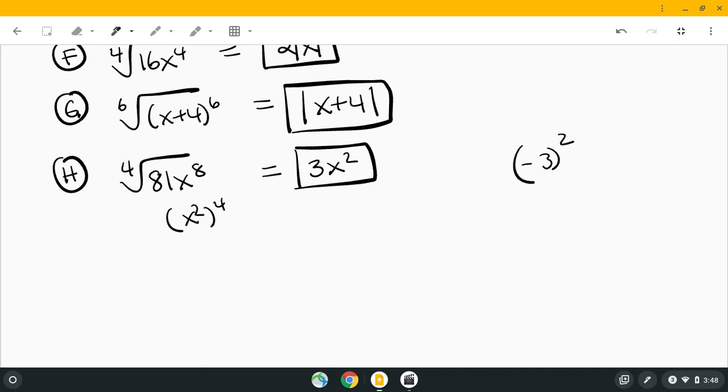If you have -3 and you square it, that's -3 times -3. That's positive 9. Anytime you square a number, it's going to be positive. And that's true not just for square, but fourth power, sixth power, eighth power.